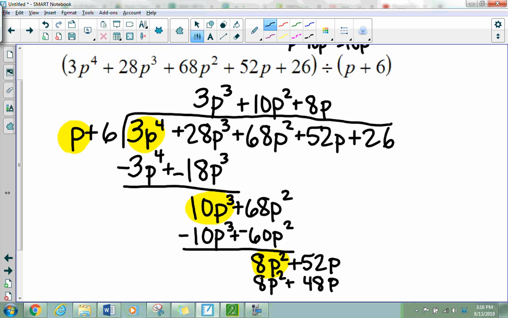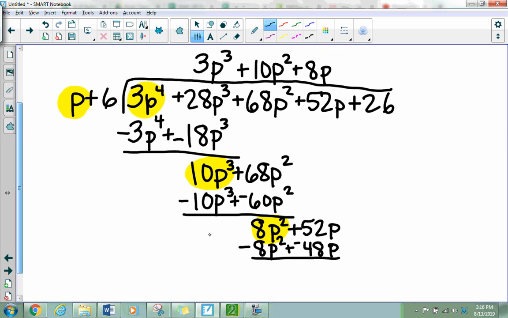Change both signs so that you can subtract. And in this case, 8p to the second minus 8p to the second cancels. 52 minus 48 gives us 4p. Bring down that last term of the plus 26 and do it one more time.